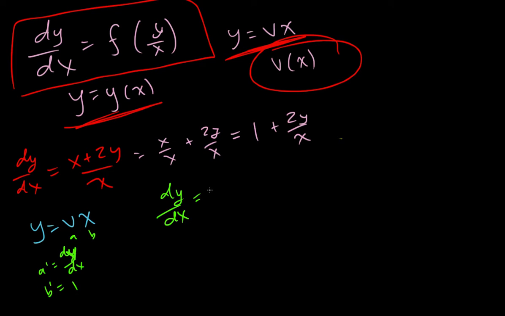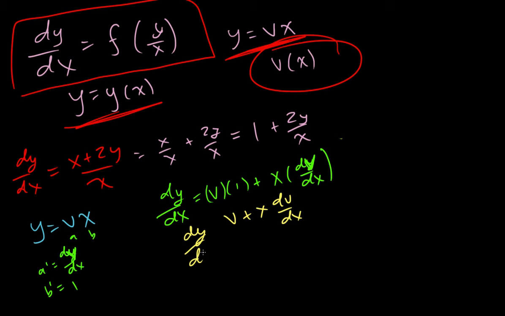So with the product rule, write the first one, derivative of the second one. Write the second one, derivative of the first one. Okay? Simplify that: v plus x dv dx equals dy dx.